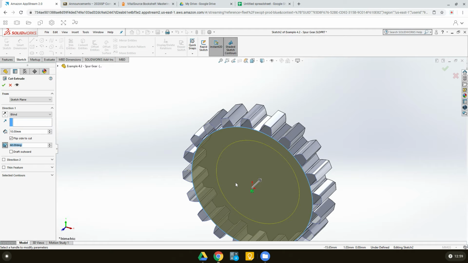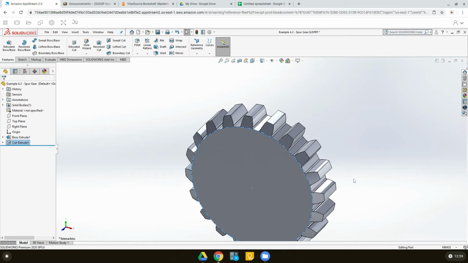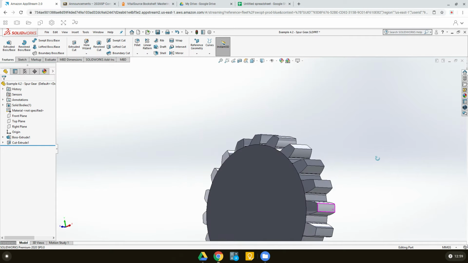Okay. So once again, take a look at it. Blind cut, 10 millimeter depth of cut, flip side to cut, and 60-degree draft. Okay, and here is how the cut looks like.